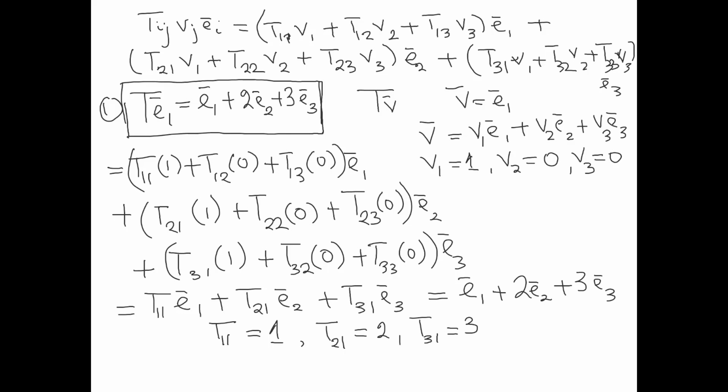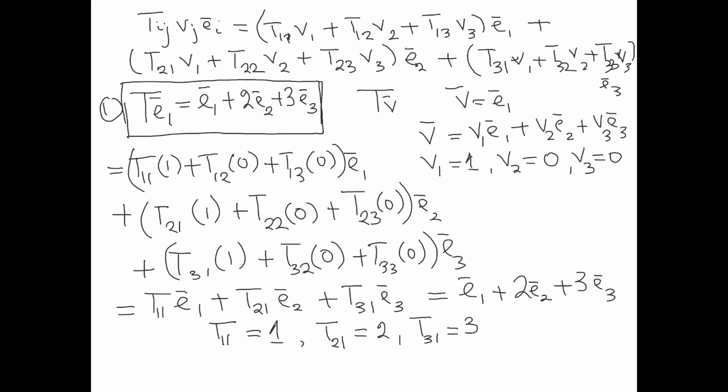Fantastic. So for everybody, you know what will happen when our V is equal to E2. So the tensor that transforms E2. In that case, for V equal to E2, your V1 will be 0, your V2 will be 1, your V3 will be 0, and substitute all that in your full component form, you would get T12, T22, and T32.